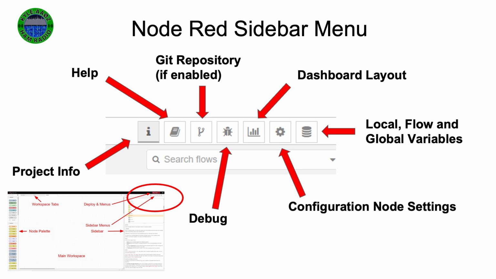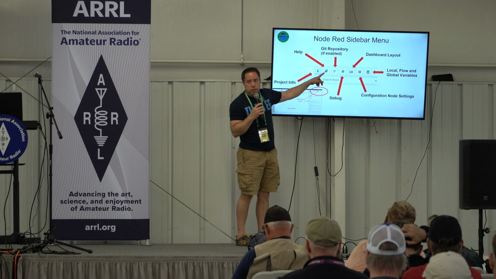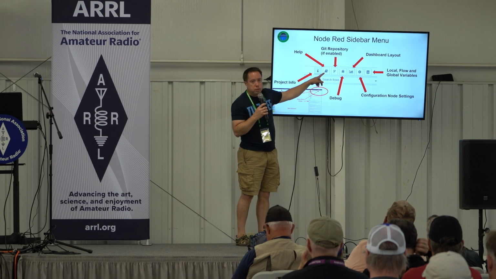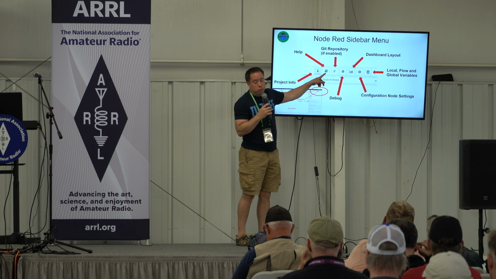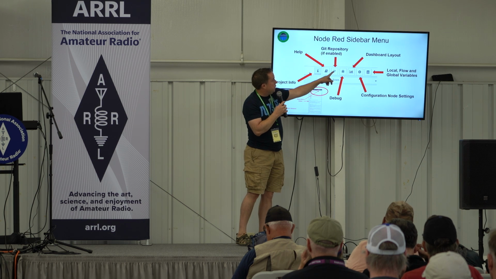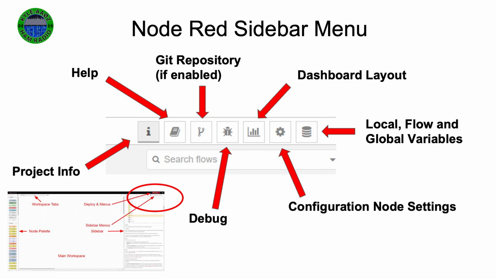So every node has got a help, so you can click on the node and click on the help icon, and it should give you input-output definitions of what it's looking for. You've got the Git repository. You've got a debug. So remember I was talking about those debug nodes? You can put a debug node on your workspace, wire it in, and then all of that information that is coming into that debug node is going to display on that sidebar whenever you click this button to show what's the debug that's coming out of those nodes.